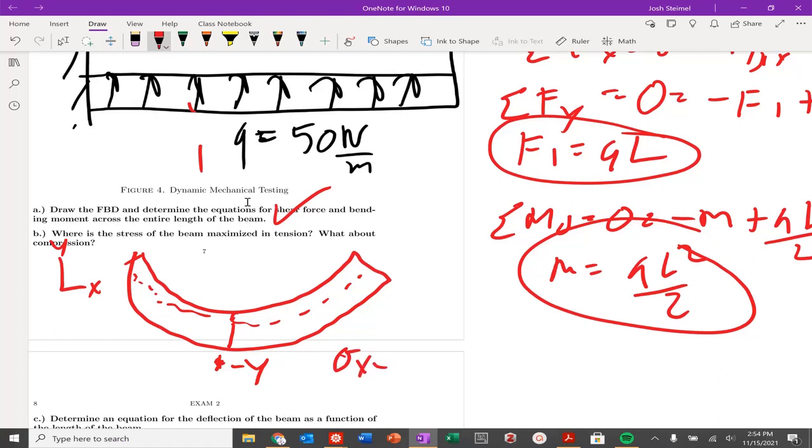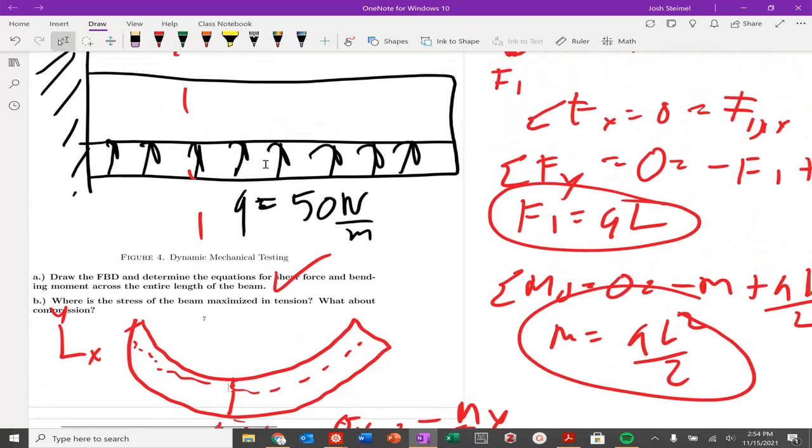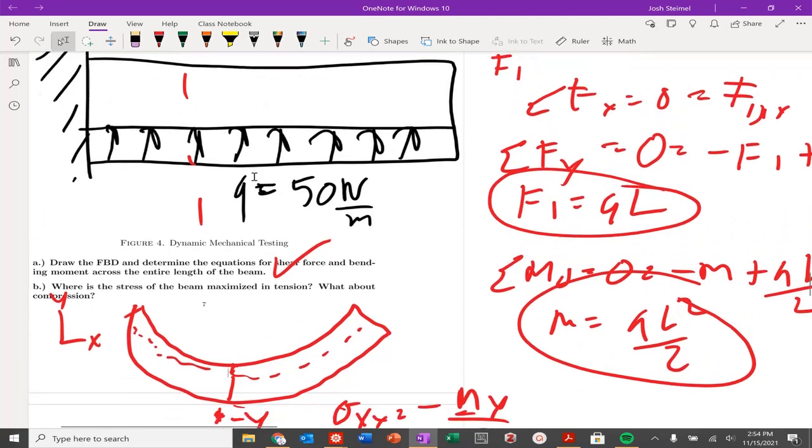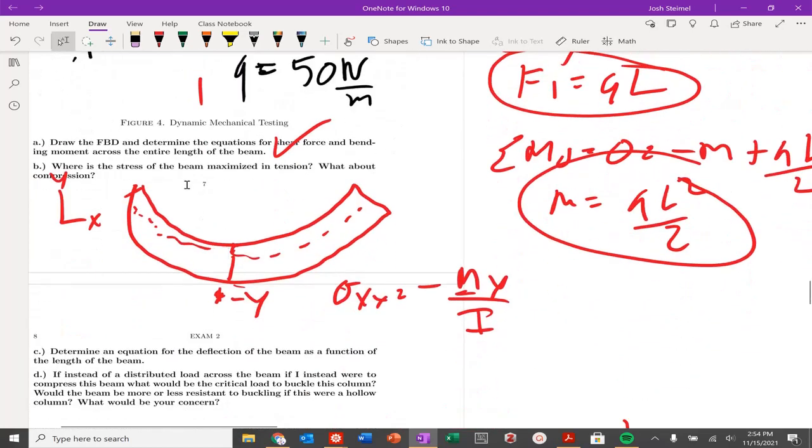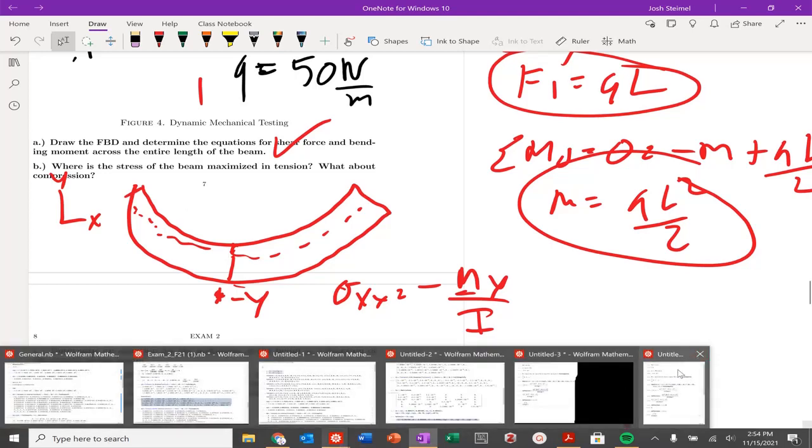So remember, our sigma XX is equal to minus My over I. Right here, we have our moment, and then if my y is negative, again, that's going to be positive here, and then we're negative on the top here. So that's it. So that is where we're going to be, and again, we can calculate where the moment is maximized as well.